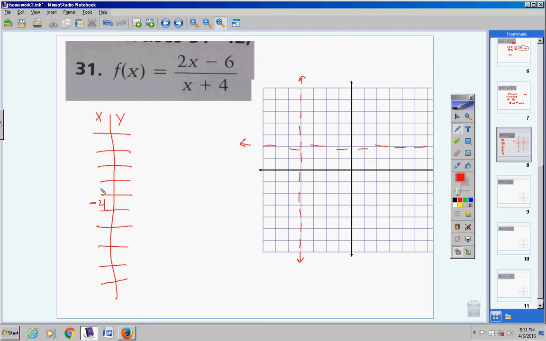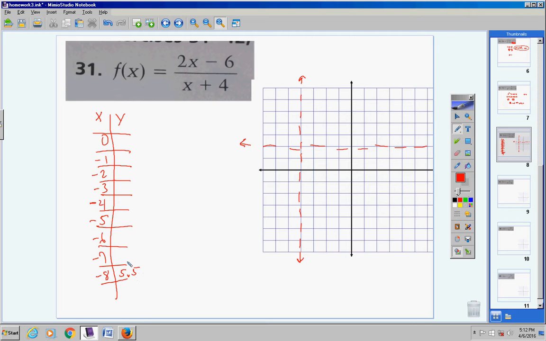I'm going to go a little higher, so negative 3, negative 2, negative 1, 0. So I went to the right. Now I'm going to go to the left. So negative 5, negative 6, negative 7, negative 8. Now, for those that have a grapher, or for those that don't, just sit tight for a second. For those that have a grapher, let's go ahead and quickly fill in our table of values. Okay, negative 8 is 5.5.